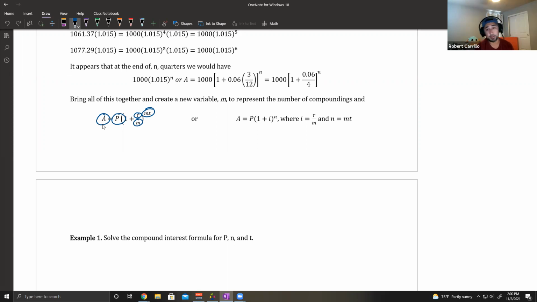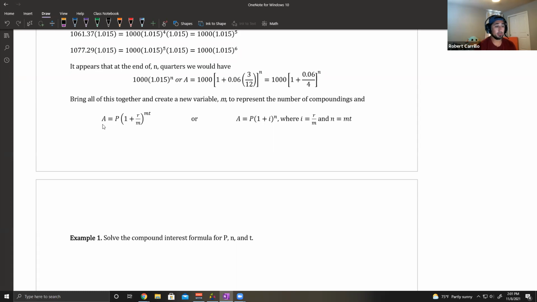So this is going to tell you how much money you will be making at the end of a certain period of time. To sum it up, if you want to make the formula look fancy without all those letters, you can write it as A equals P times (1 plus I) to the nth power, where I is your rate over compoundings and N is compoundings times time. So it just puts the formula in a simpler format for you.